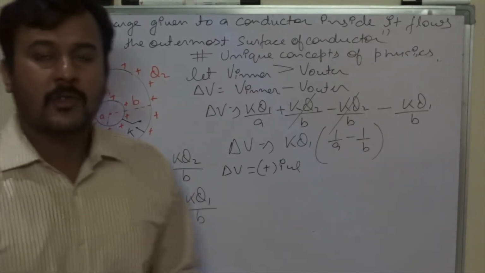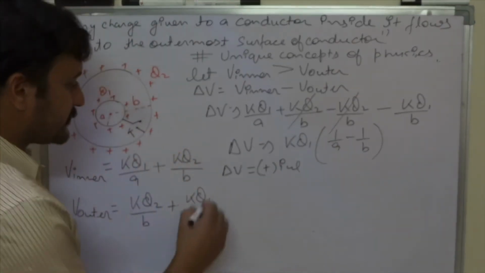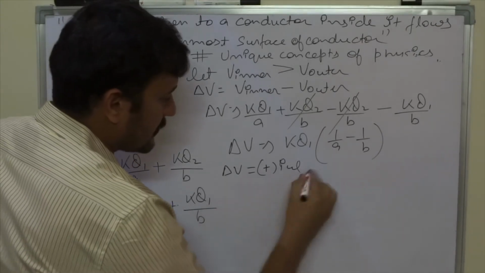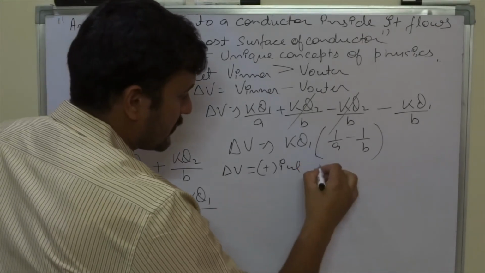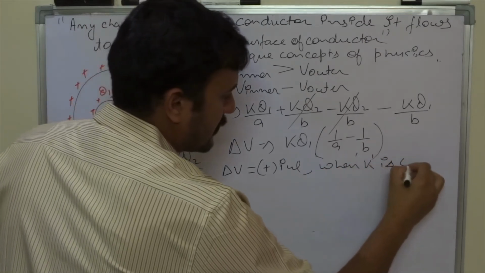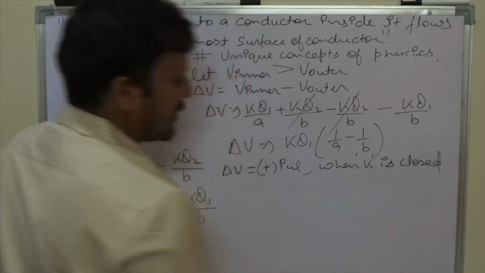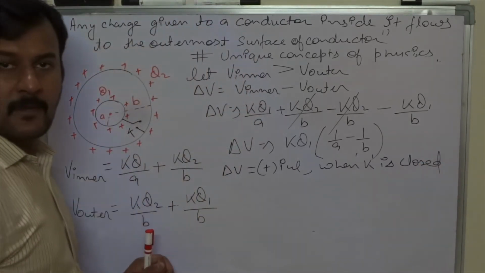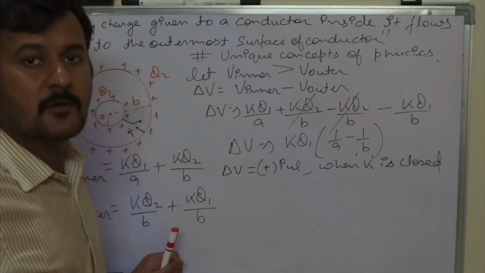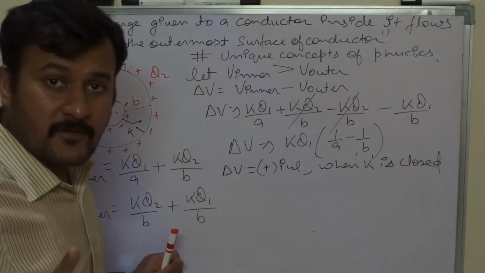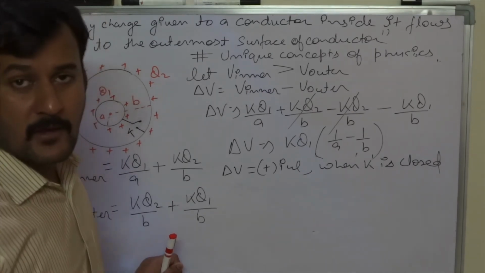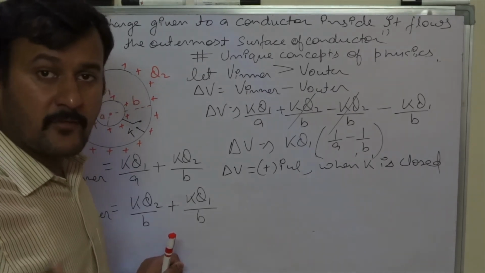So we know that when we connect, when the key is closed, then positive charge always flows from higher potential to lower potential, and in this case the higher potential is that of the inner sphere.